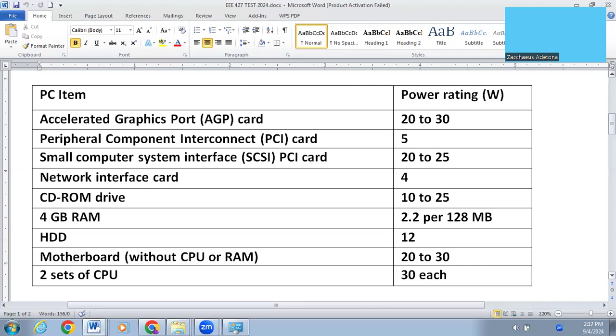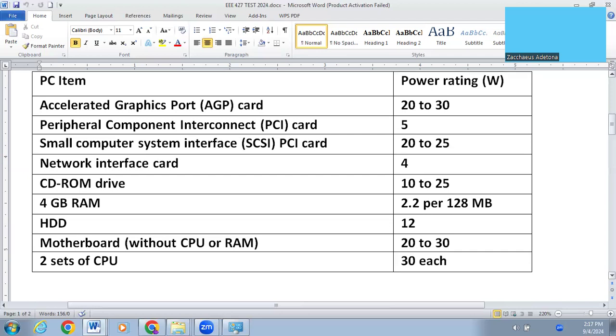Then we have the HDD of 12 watts, and the motherboard without any CPU or RAM, that is about 20 to 30 watts. Then we have 2 sets of CPU, and each consumes 30 watts each.